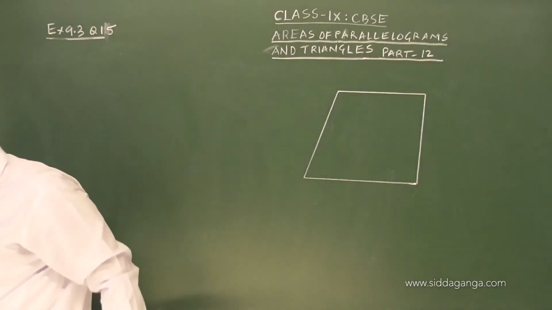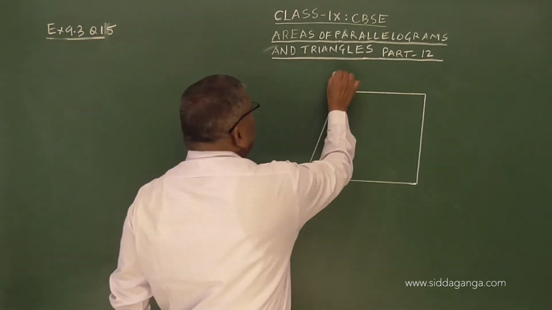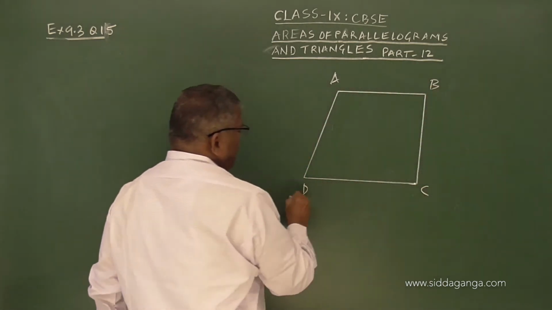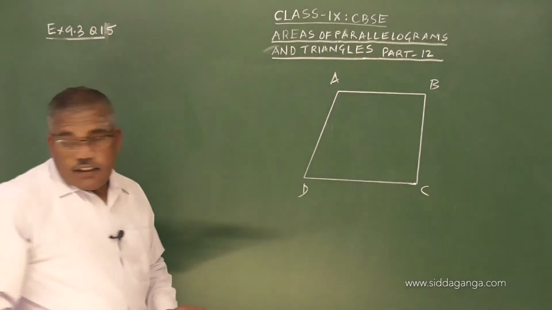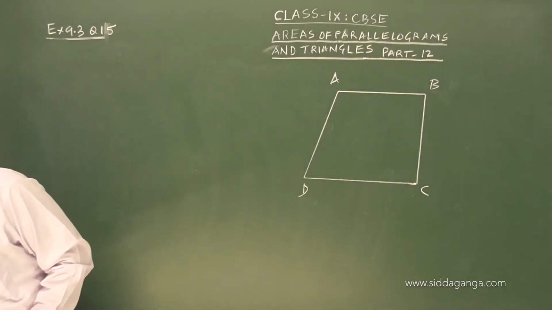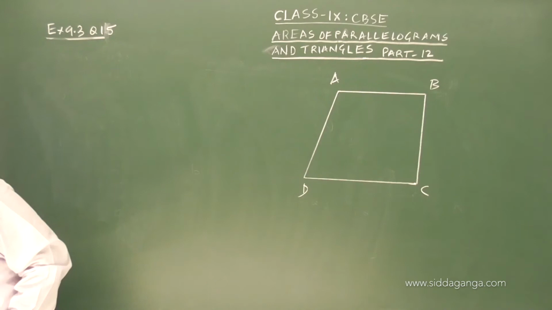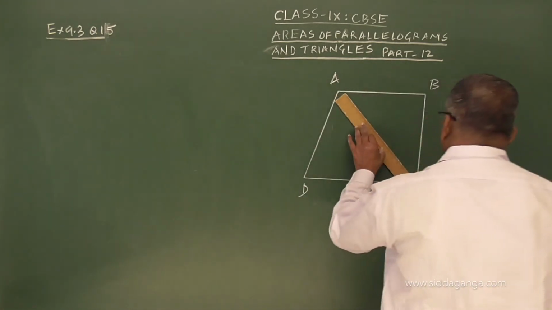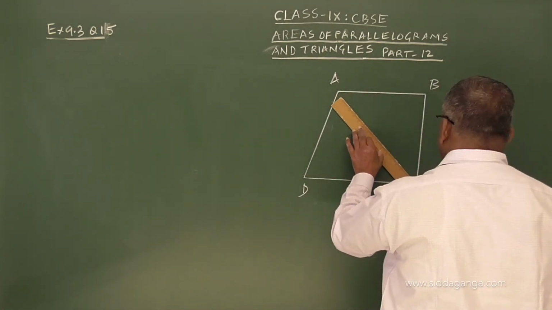Now you can call this ABCD. And there is a mention about diagonals intersecting. So we have to join the diagonals.